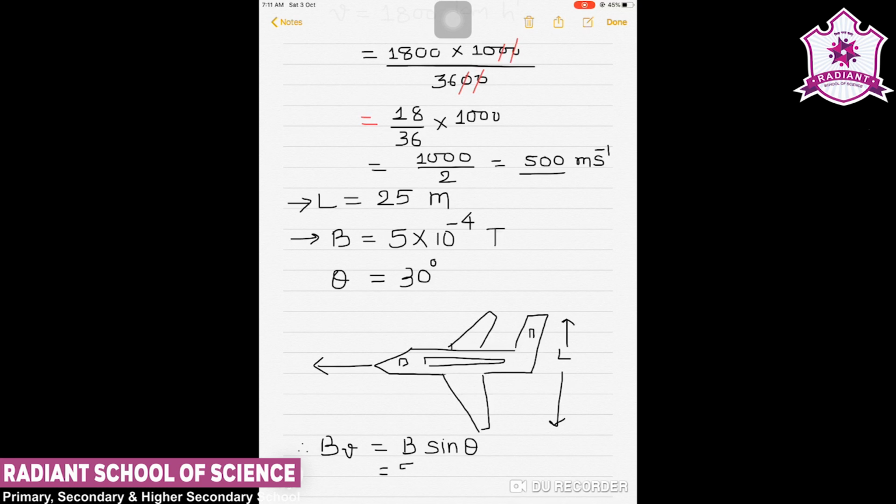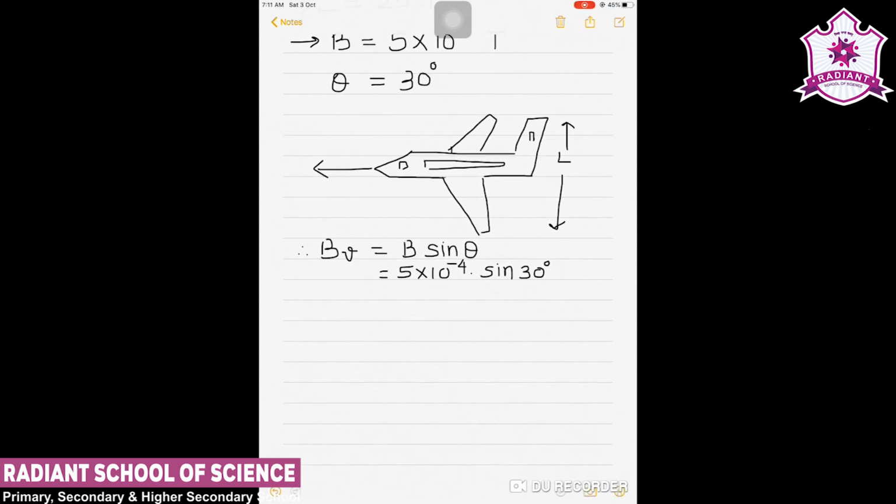So it will be 5 into 10 raised to minus 4 into sine 30, and sine 30 is one half. So if we put all these values over here, we get the vertical component as 2.5 into 10 raised to minus 4 Tesla. So this is the magnetic field that we calculate over here.